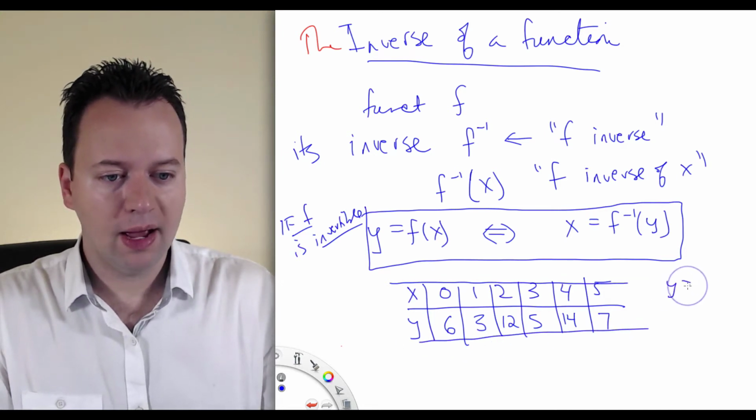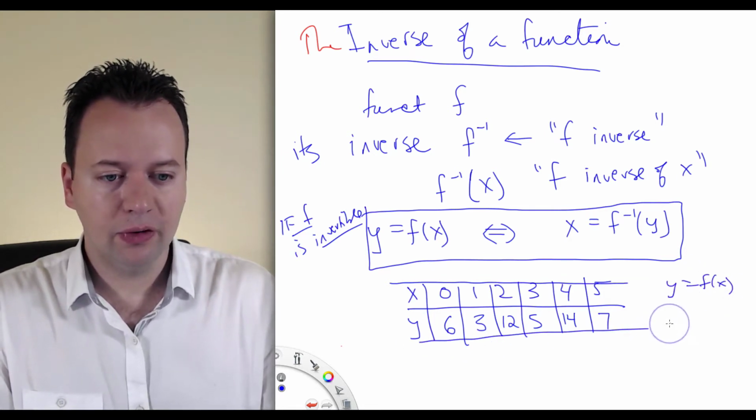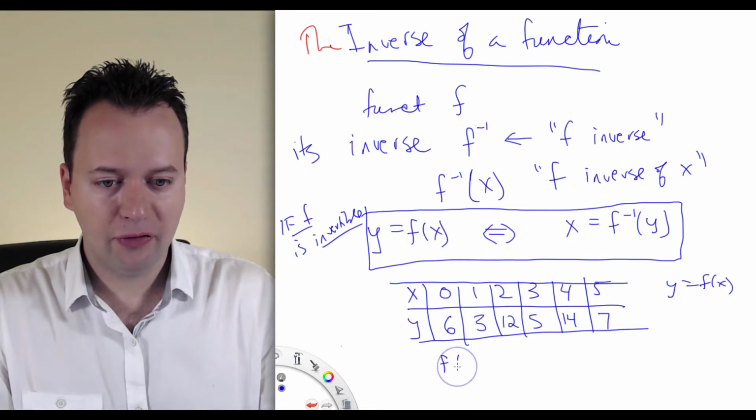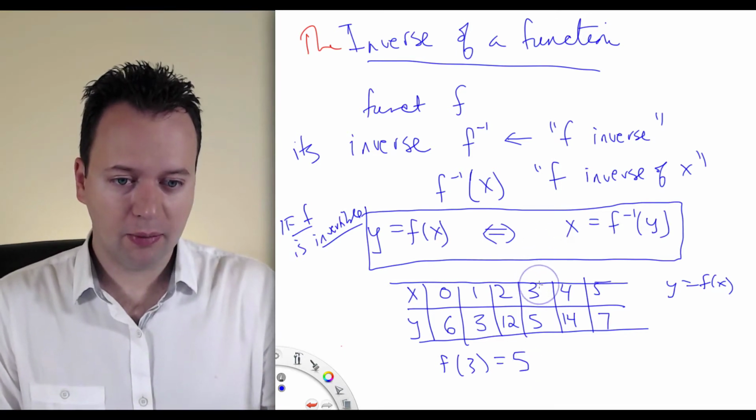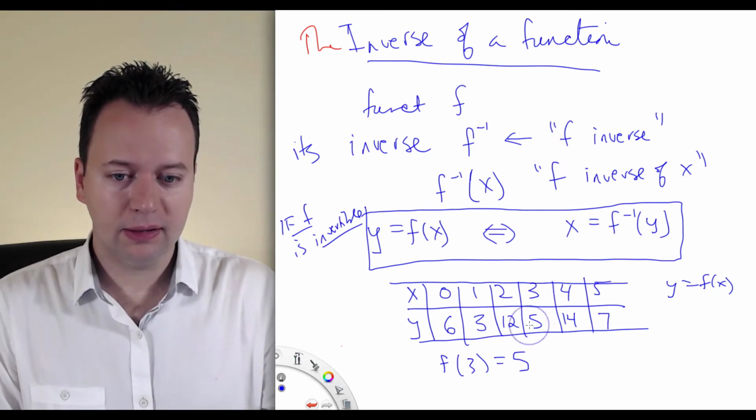And we say y is equal to f of x. So for example, f of 3 is equal to 5. The input was 3, which we pick up right here, and then the output is 5. So f of 3 is equal to 5.